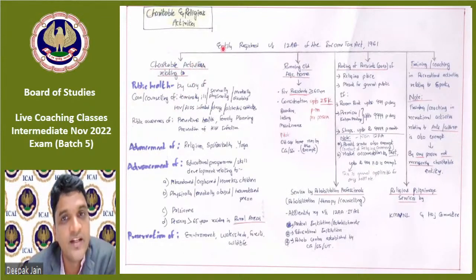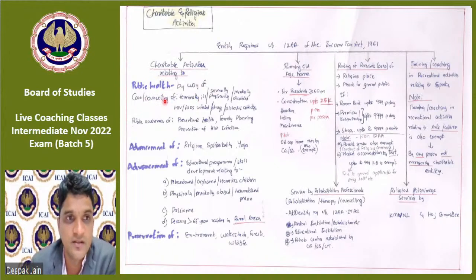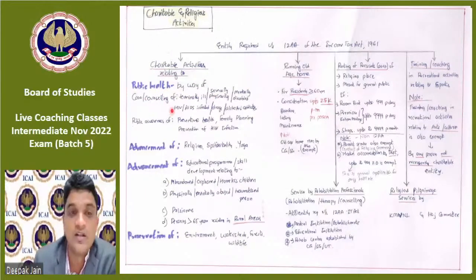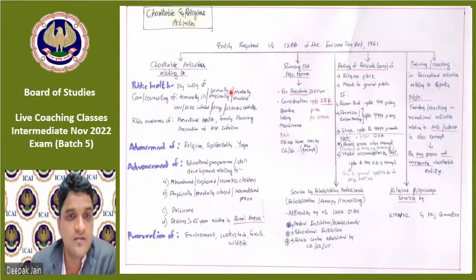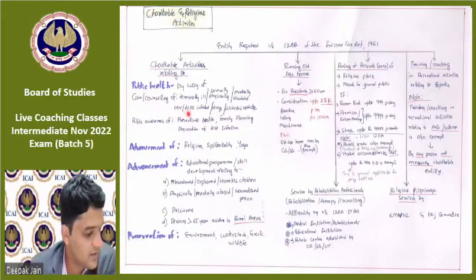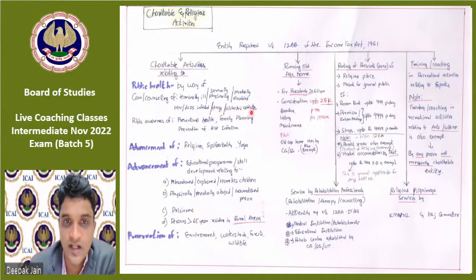First, it should be an entity registered under 12AA or 12AB of the Income Tax Act, and the charitable activities relating to public health by way of care or counseling of terminally ill, severely physically or mentally disabled persons, or persons infected with HIV or AIDS, or any drug or alcohol addicts. That will be exempted. Then public awareness of preventive health, family planning or prevention of HIV infections.